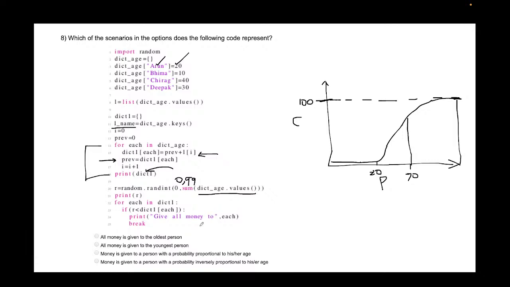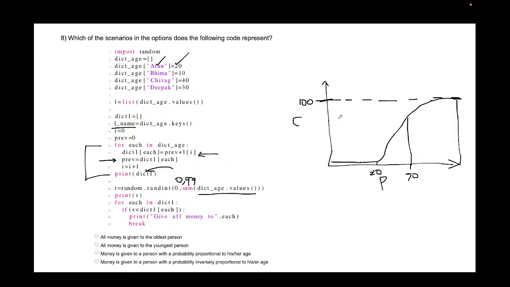So it will appear like that, but for each person we don't know who is getting picked here. I'm describing the case for the oldest person.